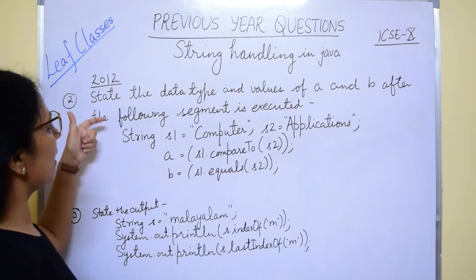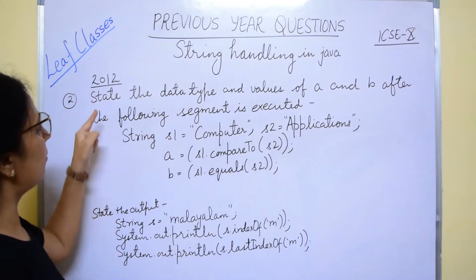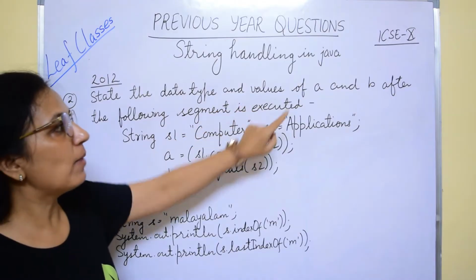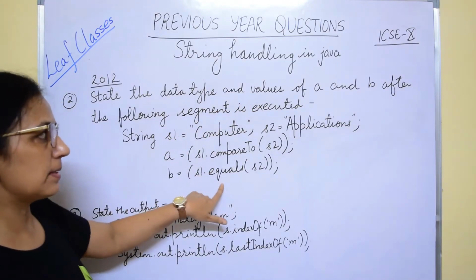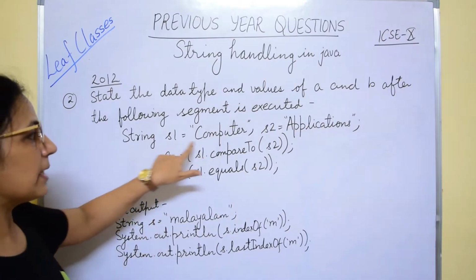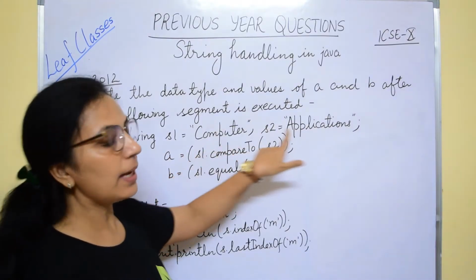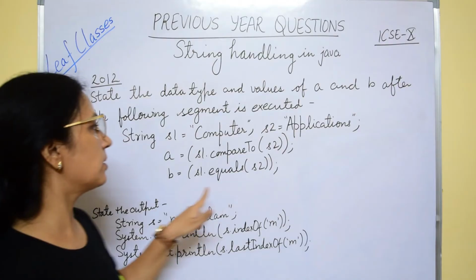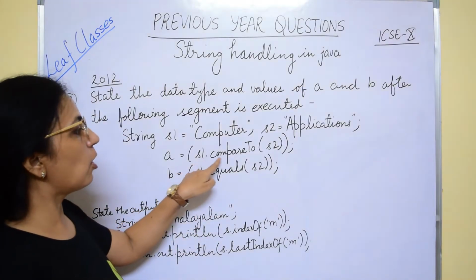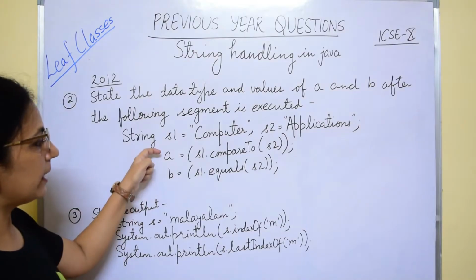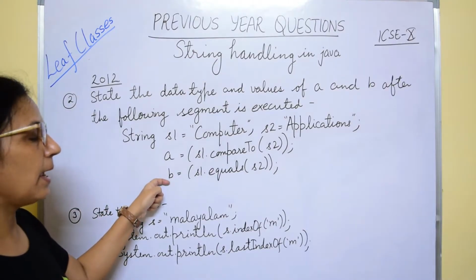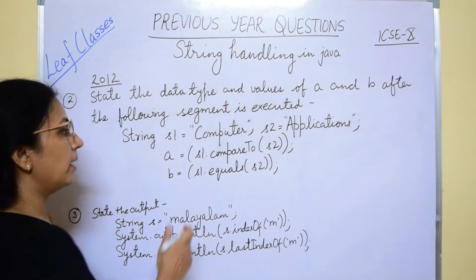The next question, again from year 2012. State the data type and values of a and b after the following statements are executed. String s1 = "computer", s2 = "applications", then a = s1.compareTo(s2), and b = s1.equals(s2). You have to tell the return types of a and b, as we have already done.